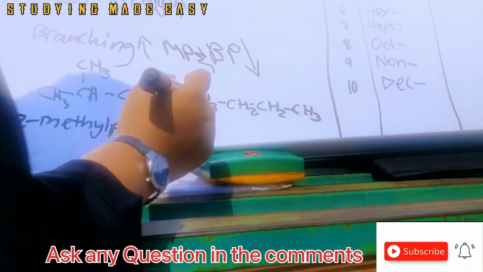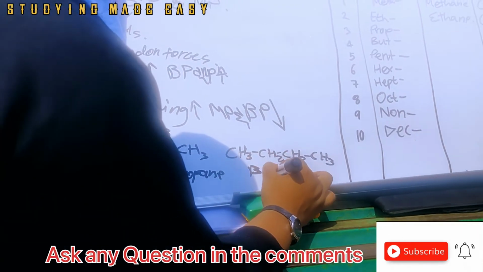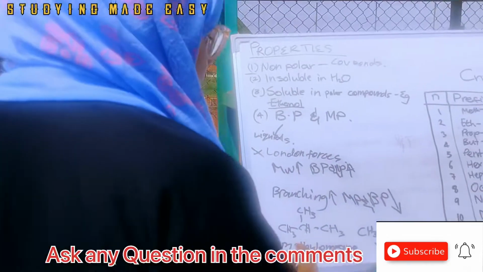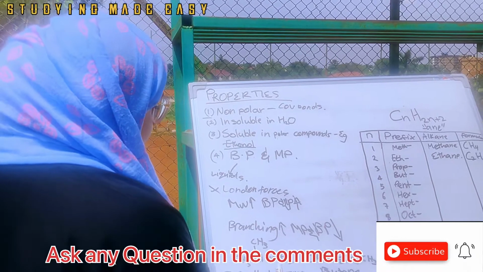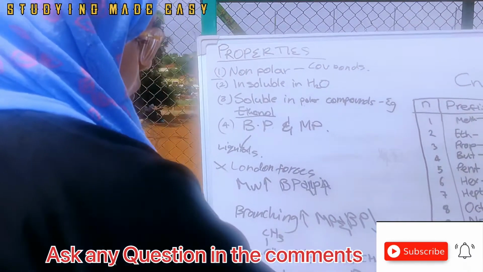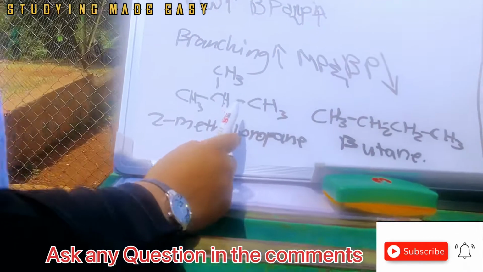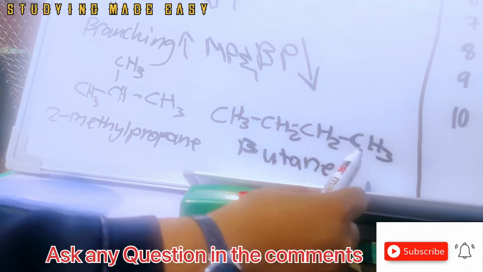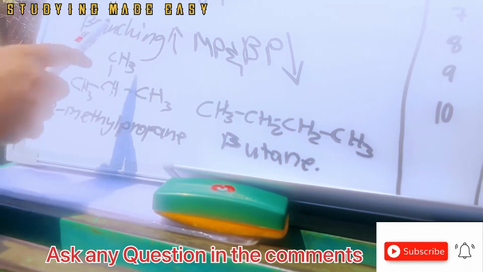Okay, so this is butane. If you look at the two compounds, they generally have the same molecular weight because this compound has 4 carbons and so does this one, and this one has the same amount of hydrogens and so does this. But the only difference is this is a branched alkane.